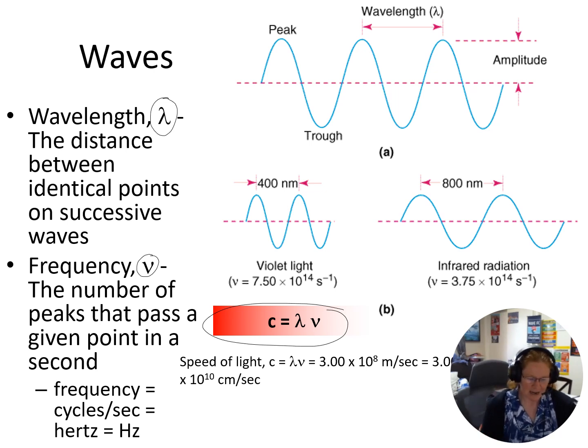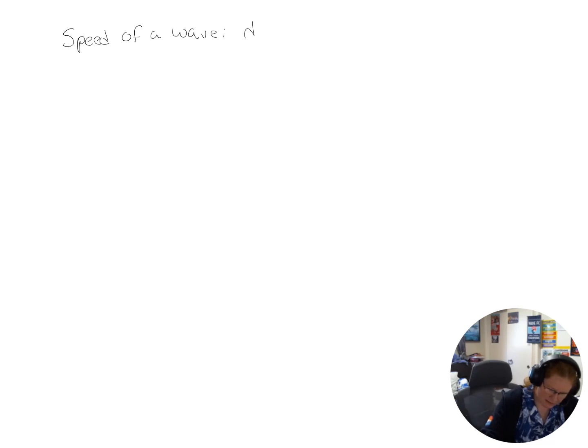Okay. And so when we think about how fast a wave is, the speed of a wave is the distance traveled per unit time.